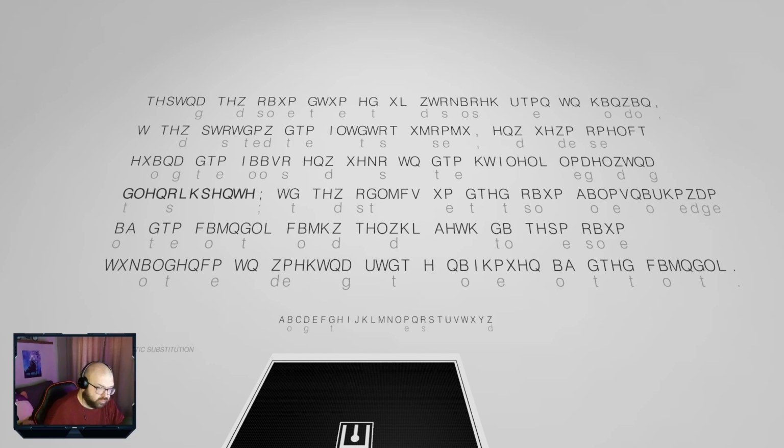GOH QRL KSH QWH. It was very nice of them to highlight that letter in bold. So fill in the letters that we've already got.